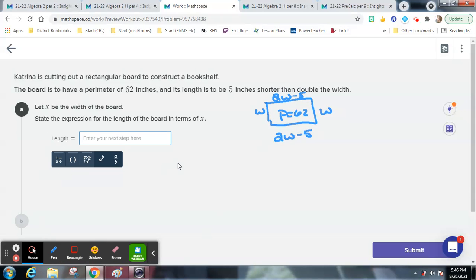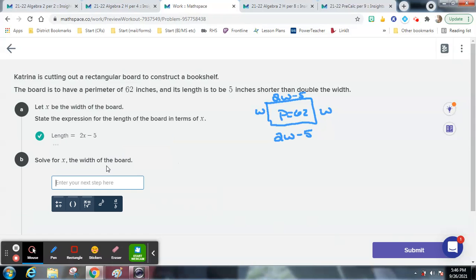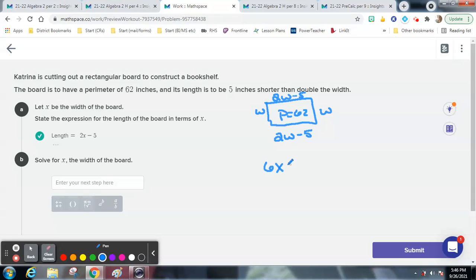We want the length. We know that's the equation 2w minus 5. Oops, sorry. We want in terms of x. 2x minus 5. Okay. Solve for x now. Okay, we can do that. Add all our sides. So 2x plus a 2x plus another x is 6x.